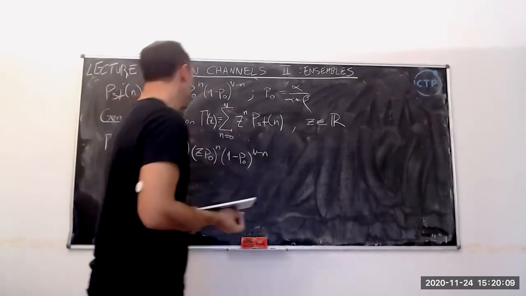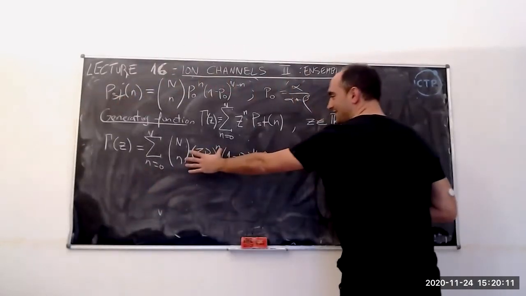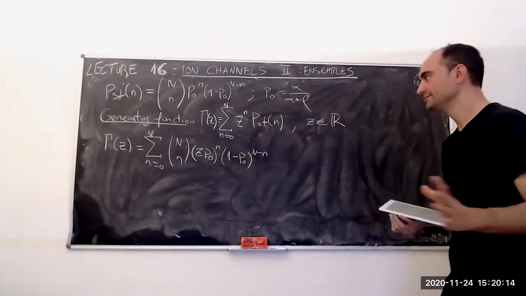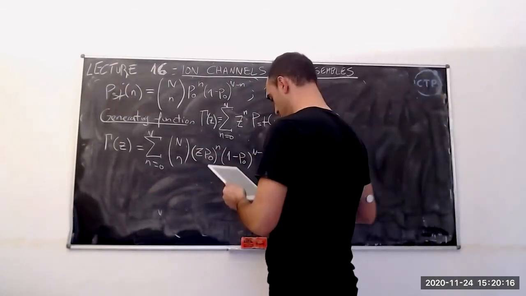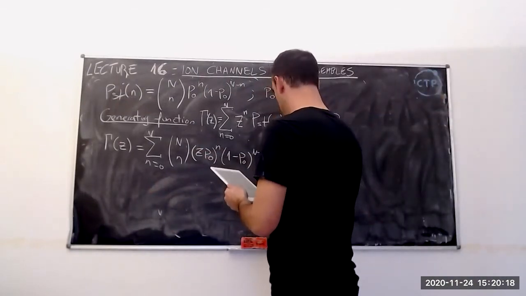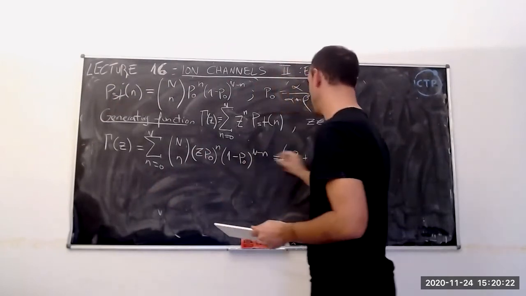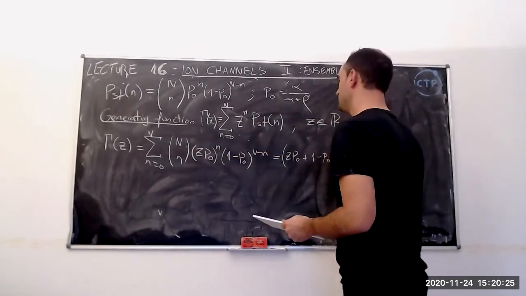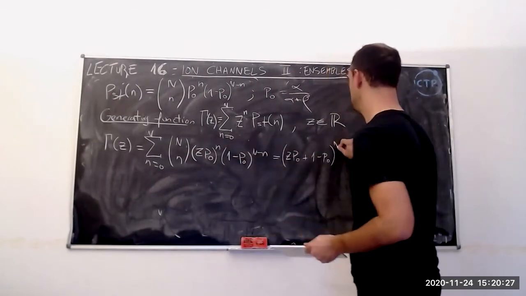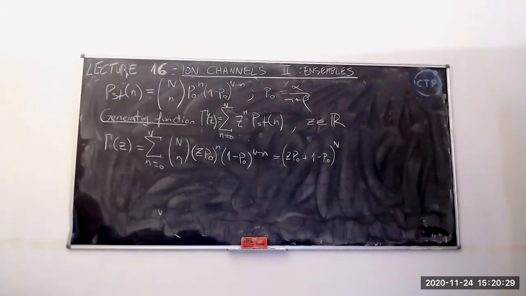Why this is nice is because this is again the binomial formula. So now this will be equal to Z p0 plus 1 minus p0 to the power N. Very, very simple. This is nice.